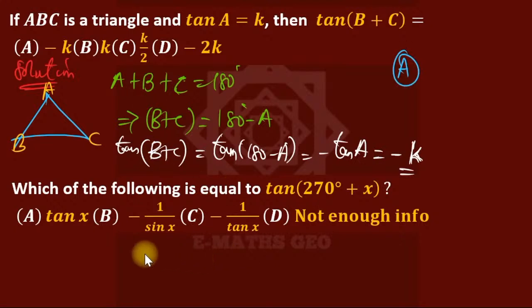So now the second one. We are asked which of the following is equal to tan of 270 plus x. We can still solve this without a calculator, without trial and error. So how do I do it?